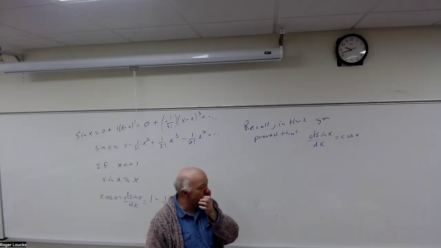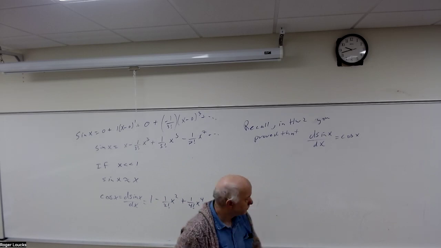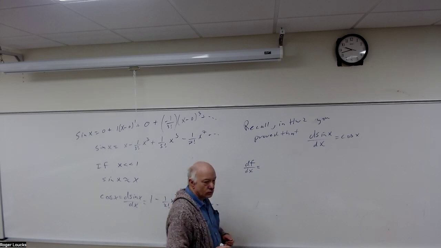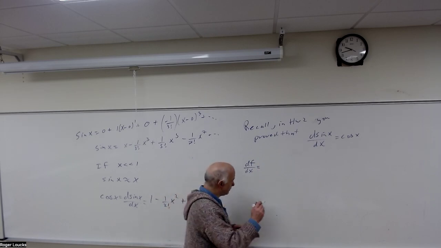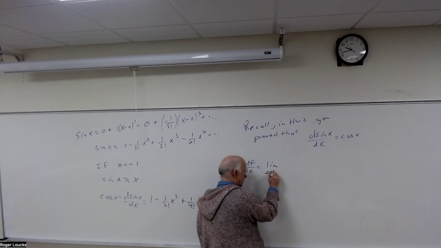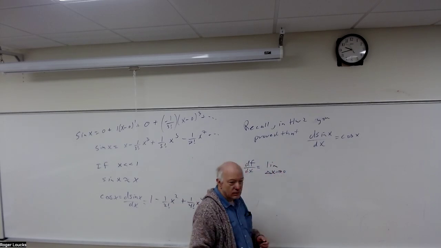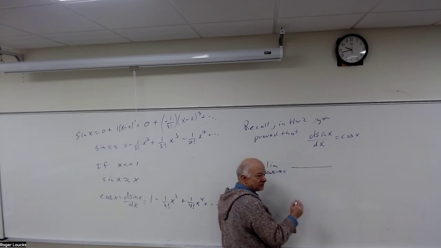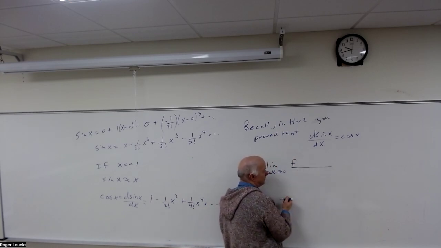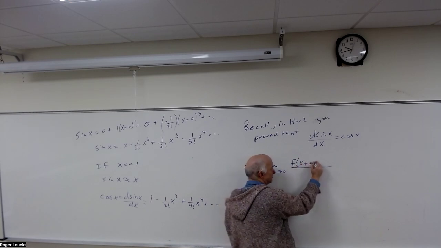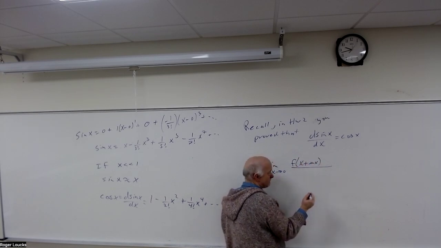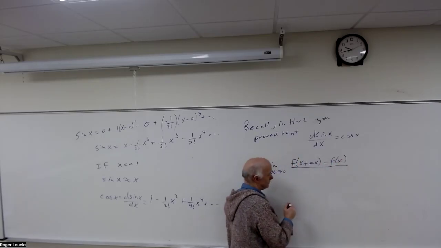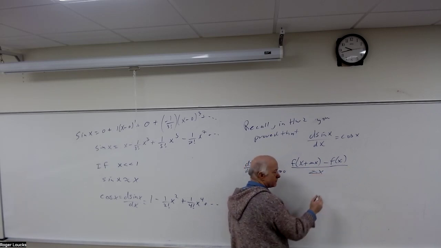So what's the formal definition of a derivative? The limit of delta x going to 0 of f of x plus delta x minus f of x, all over delta x.